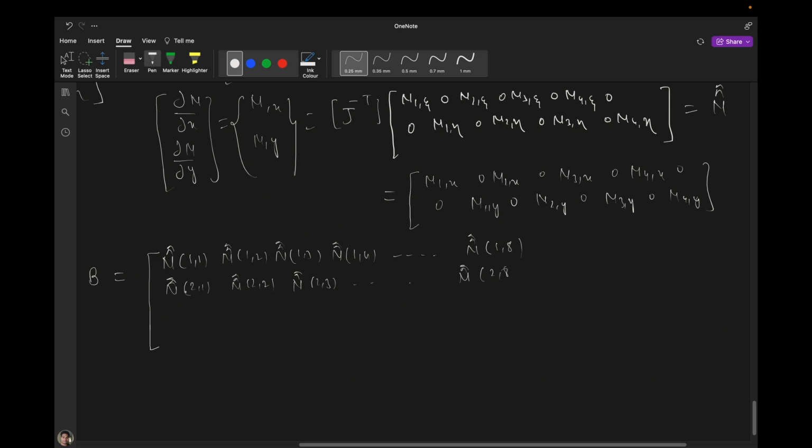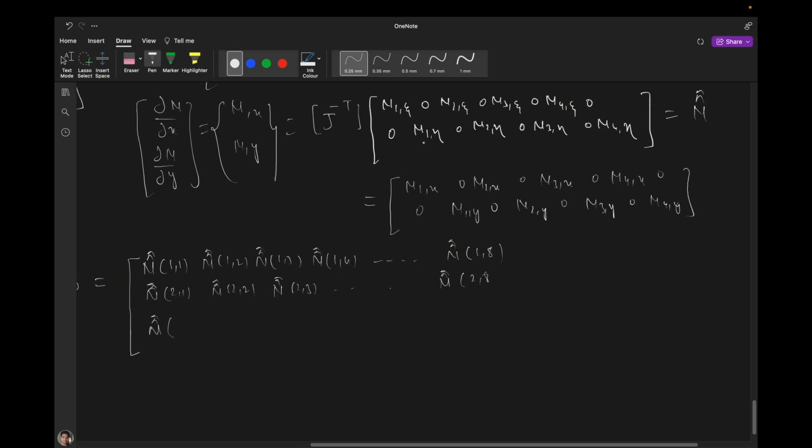Now what will be the entry in the third row? So I can write N double hat what? Whatever this is, I have to write this entry first and then this entry first.